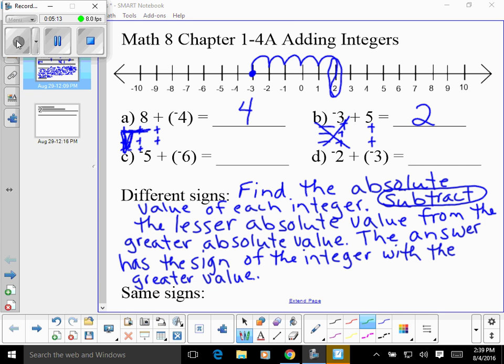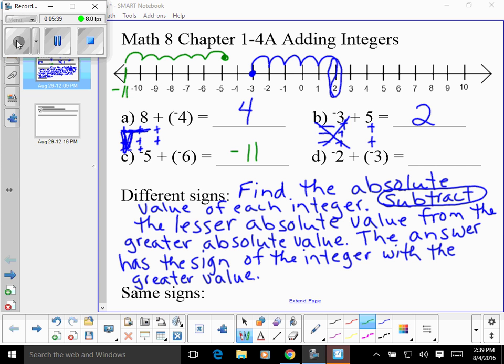All right, here's the deal. You're going to start at -5. We're going to move 6 places to the left. Negative is a left. 1, 2, 3, 4, 5, 6. Well, what would be here? -11.